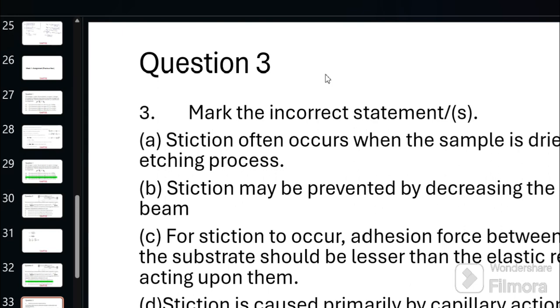So what they are writing should be the other way around: if the elastic restoring force is greater, stiction will not occur.